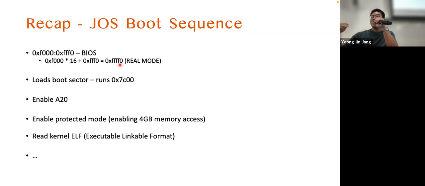But if we have an offset value larger than that, it will overflow the 1 megabyte value. So the early engineers wanted to ignore that overflow, and it works as a circular function.